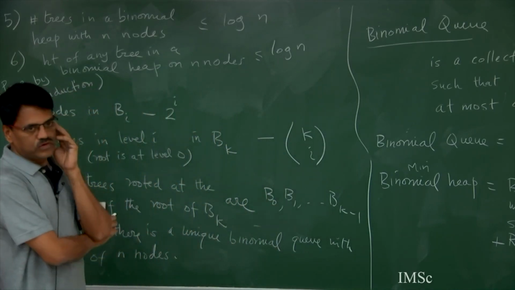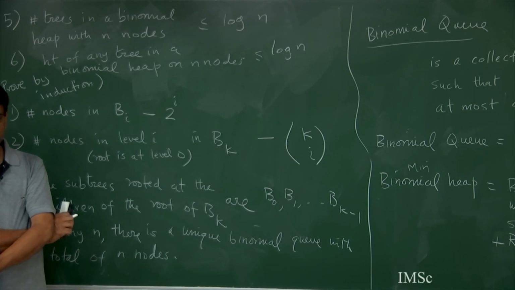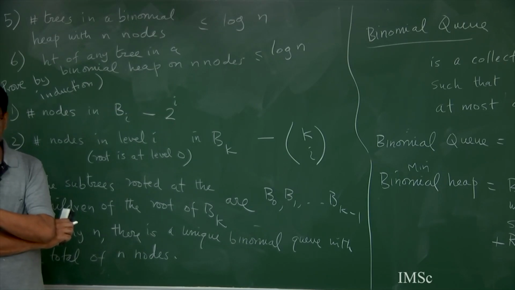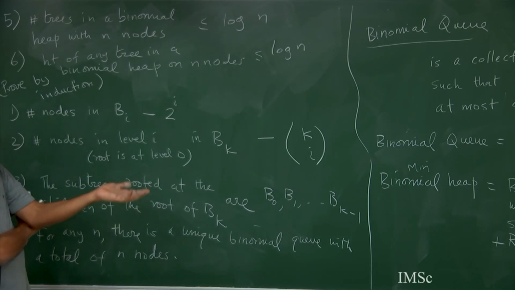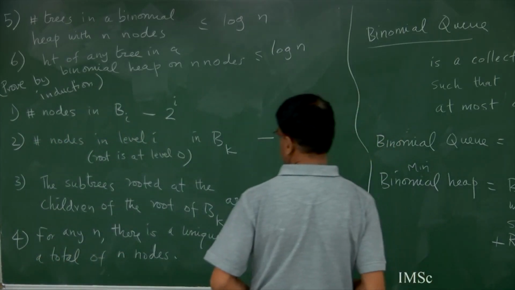Now let's get to the queries we want to support. If I want to find the min in a binomial heap, how much time will it take? Constant time, because I've actually stored it.